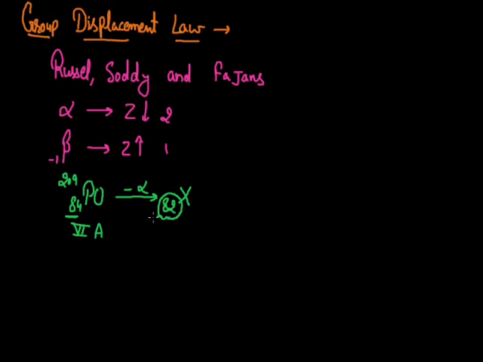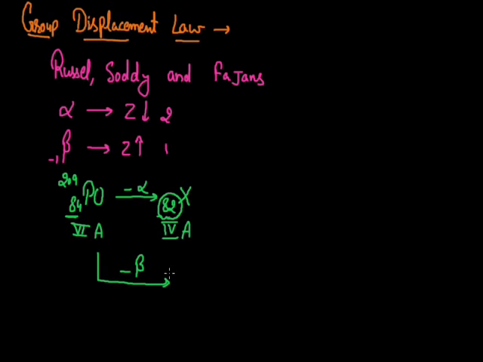So the position of this new element will be displaced 2 positions to the left in the periodic table with regard to the parent element. So this X element will be placed 2 positions leftward, and its position will be 4th A.